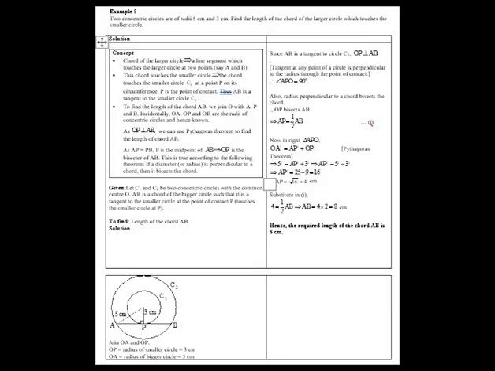Therefore, AP is equal to square root of 16, which is equal to 4 centimeter. By equation 1, we already have AP is equal to half of AB. Substituting the value of AP, we get 4 is equal to half of AB, which implies AB is equal to 4 into 2, which is equal to 8 centimeter. Hence, the length of the chord AB is 8 centimeter.